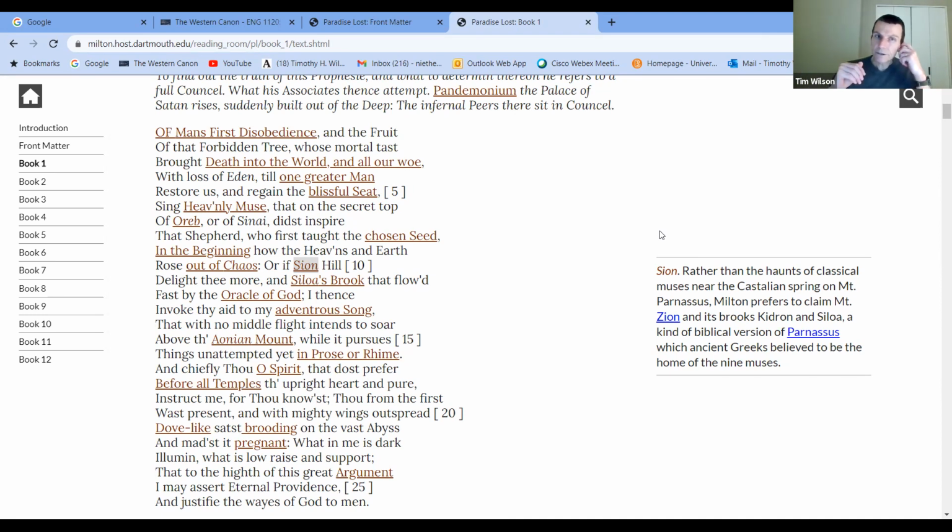Or if Sion Hill delight thee more, and Siloa's brook that flowed fast by the oracle of God, I thence invoke thy aid to my adventurous song. So this is an adventurous song because it's adventurous in terms of the scope that Milton's trying to take on. That with no middle flight.